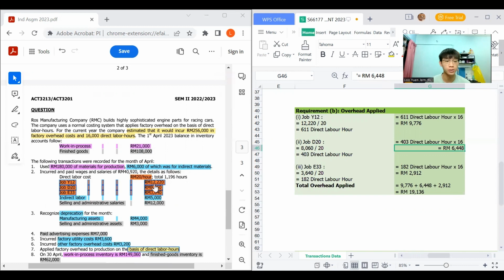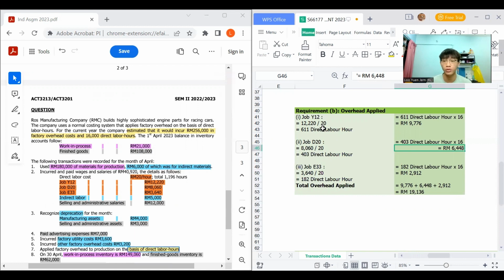So we can use the total direct labor cost for job Y12, job D20, and job E33 divided by the 20 ringgit per hour to find the direct labor hours.